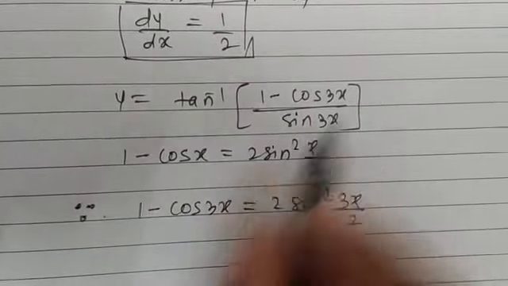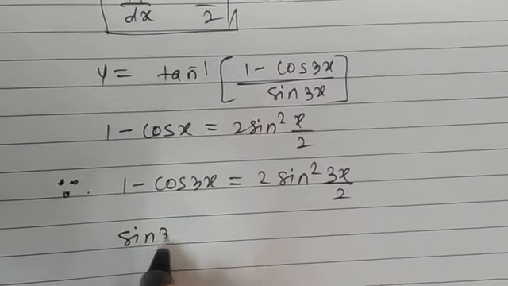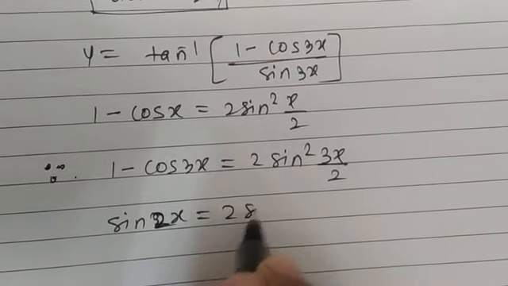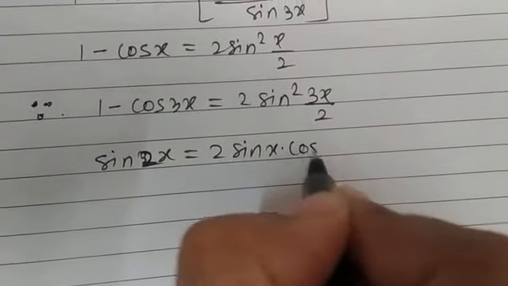We are finding formulas. For sin 3x, we know the formula for sin 2x is 2 sin x into cos x.